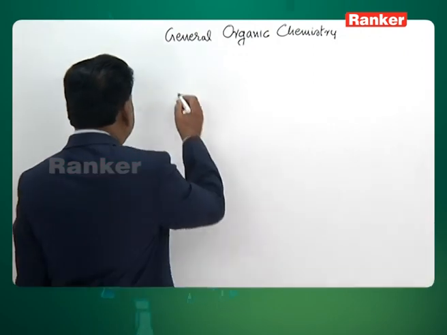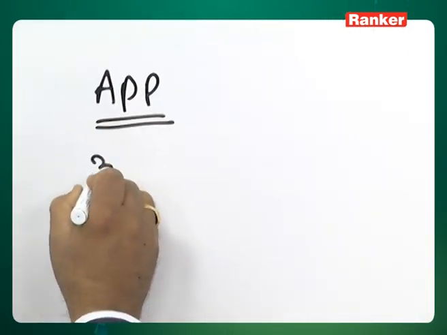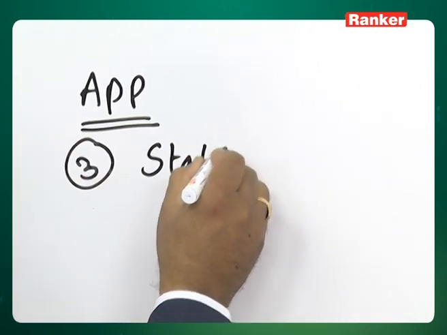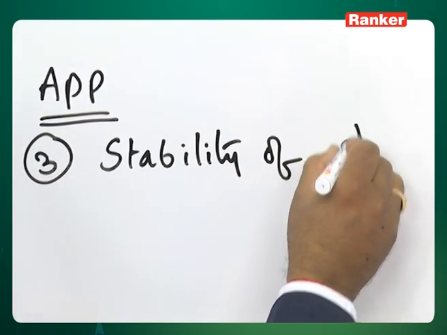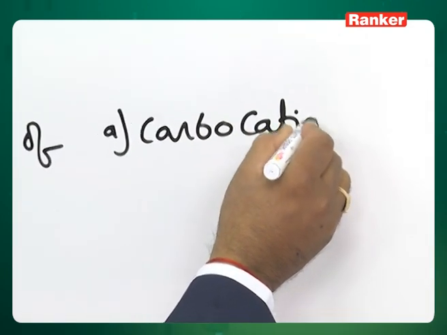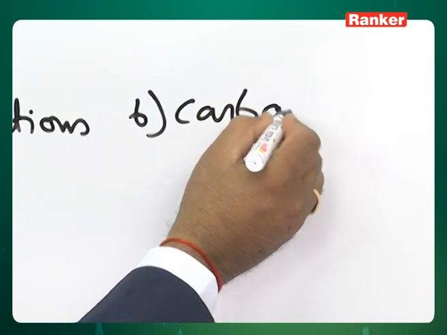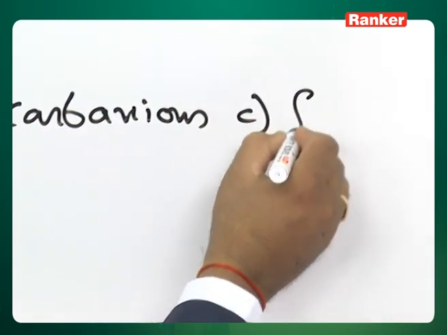So, let us see another application. Under the applications, the third application, let us see. This is the stability of A) carbocations, B) carbanions, and C) free radicals.